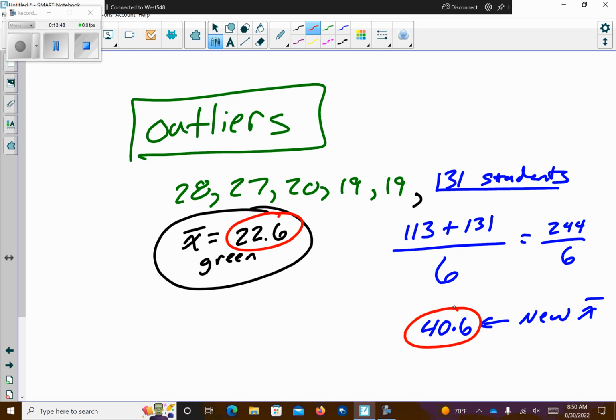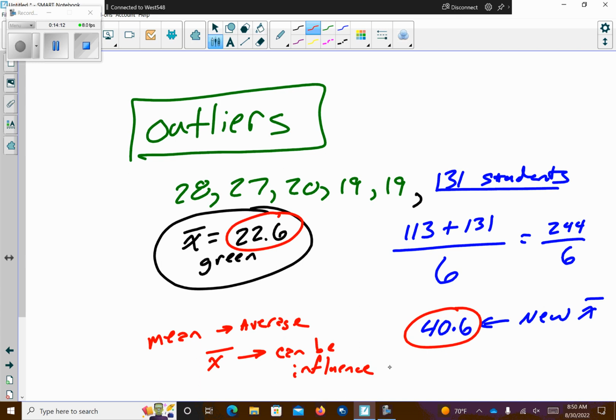Okay, so just know that the mean, which is the average, which we'll call X bar, can be influenced, okay, to where the average isn't good.